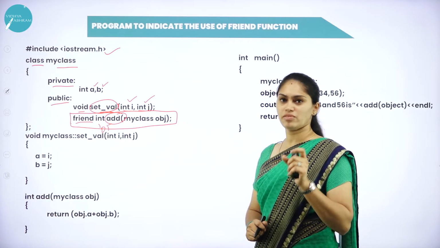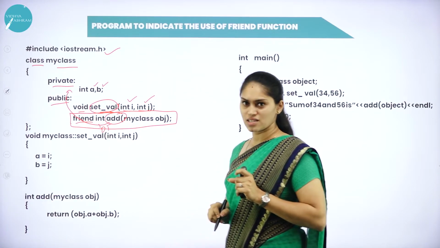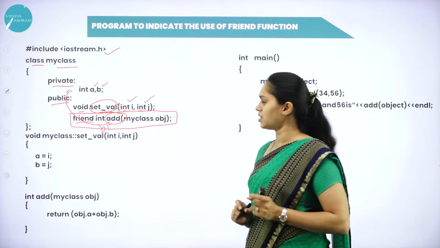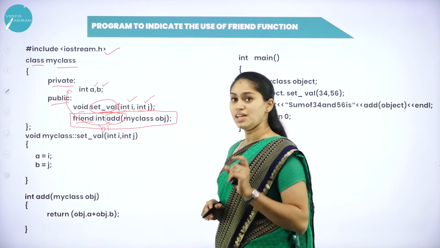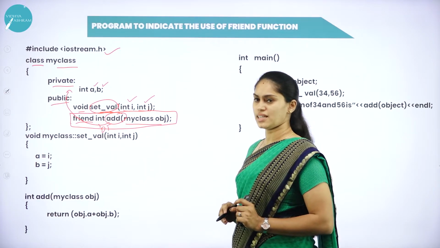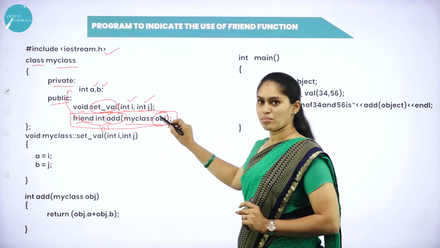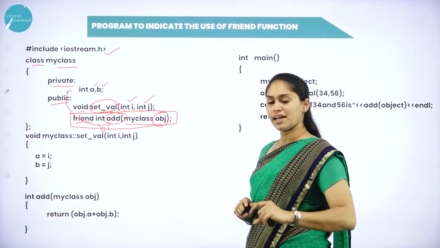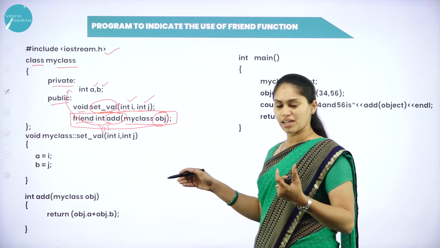It is a non-member function. To access the private data members of a class, I am using the friend concept. So friend is a keyword, int is the return type, add is the name of this friend function, and I have an argument, that is MyClass obj. I am creating an object of the class MyClass, because directly I cannot access the data members of a particular class.